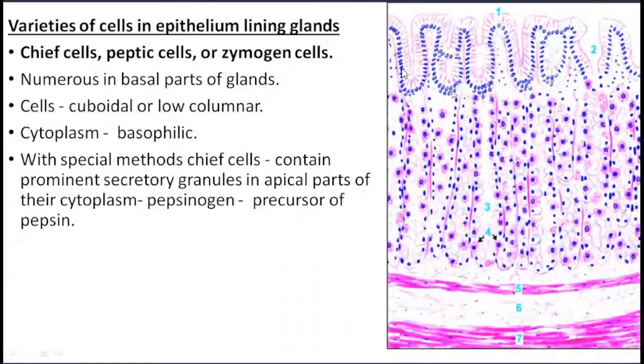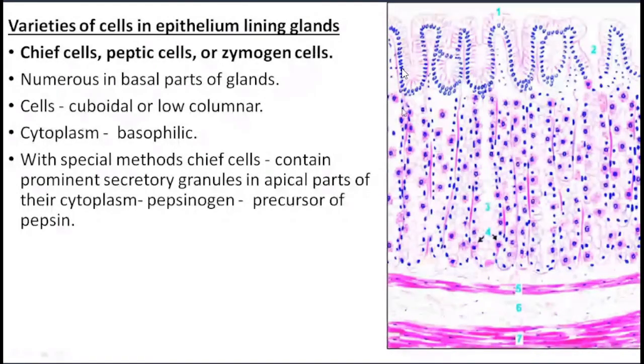You can see these are simple tubular glands, and they open into the gastric pits at the end of the pits. These gastric glands are present over most of the stomach, but they are not present in the pyloric region.